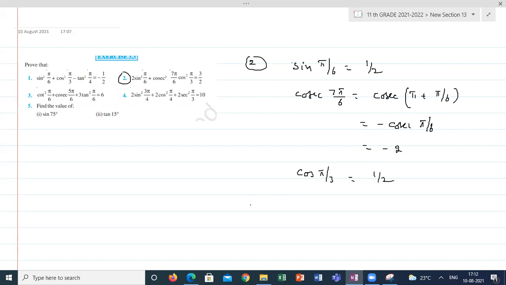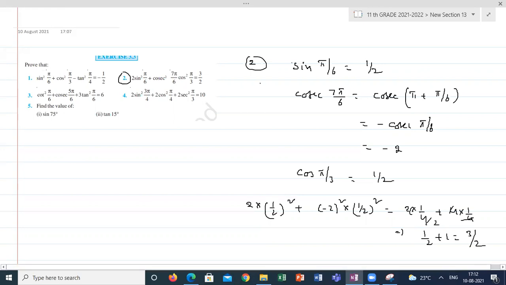If I am substituting all the values, 2 into (1/2) whole squared plus (minus 2) whole squared into (1/2) whole squared. This will be 2 into 1/4 plus 4 into 1/4. 1/2 plus 1, answer is 3/2. Yes, it is 3/2.